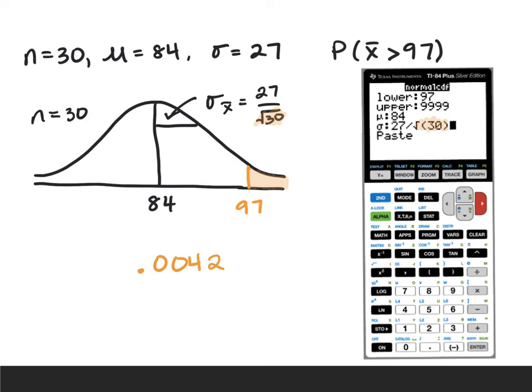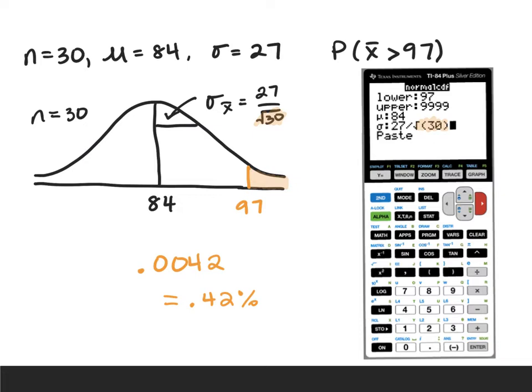And so not even half of a percent. Remember, when we change this to a percentage, I would move that decimal twice, and that would be 0.42%. So not even half of a percent of the time would this normally happen. So this is very unusual for this to occur.